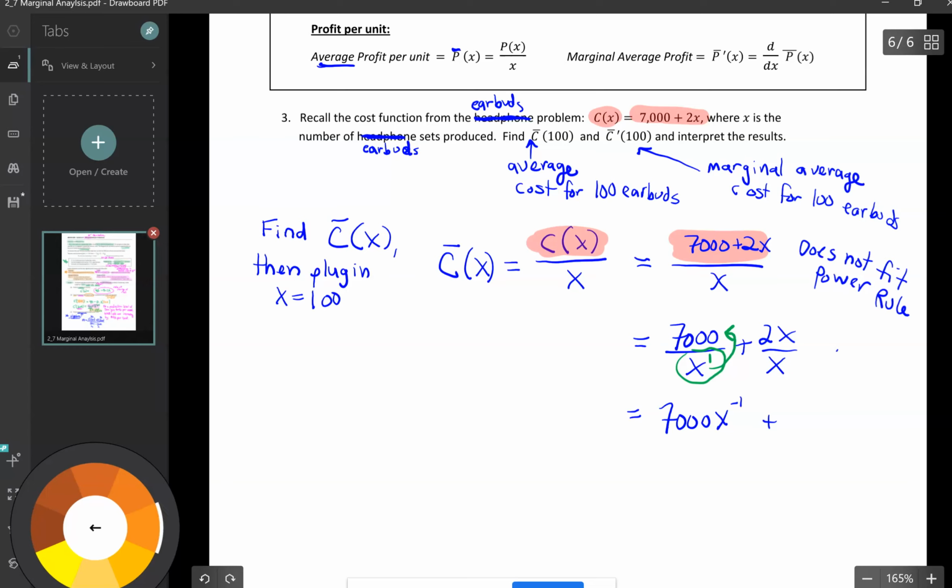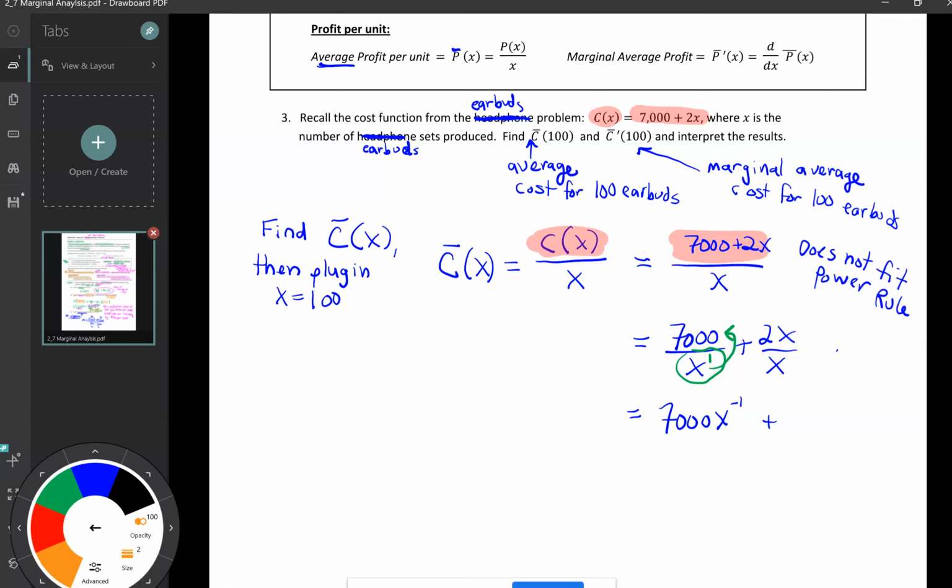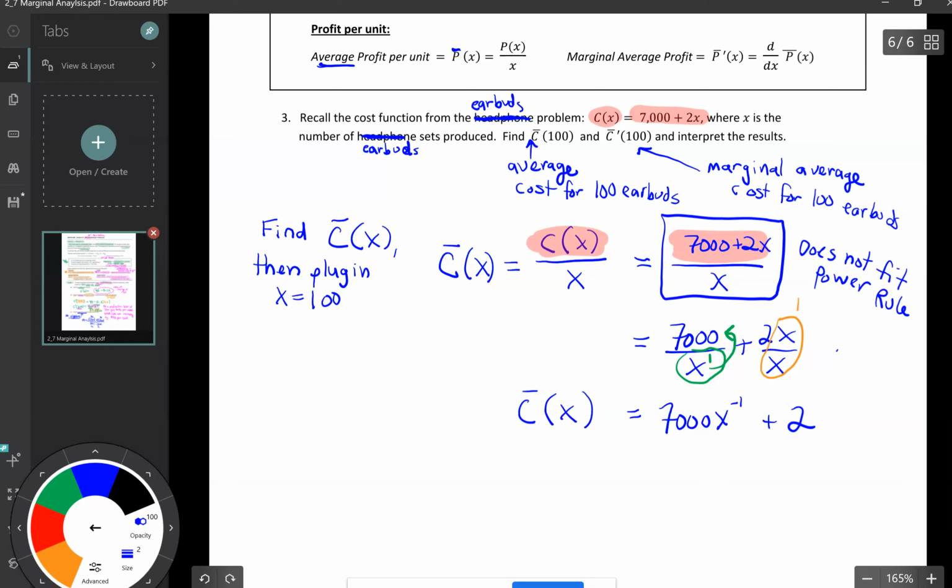We know that x can't be 0 in this case because if you were making no headphones, that wouldn't be a very good business model. So those are safe to divide out to 1 there. And I'm just going to end up with a 2. So what I have is an equivalent version of this average cost rule that's easier to take the derivative of.